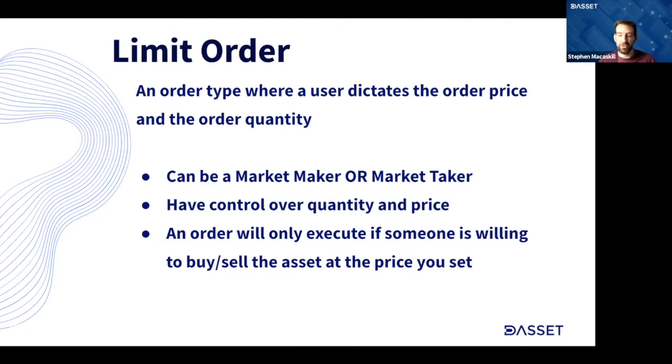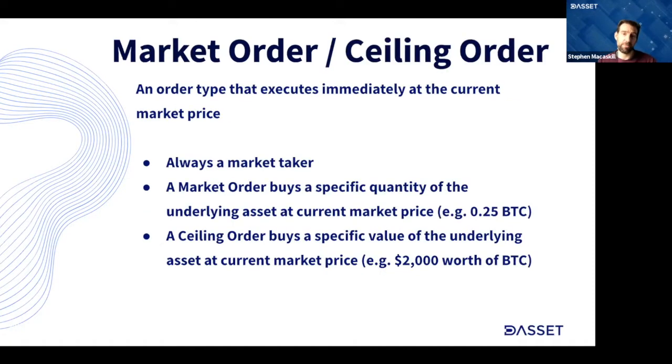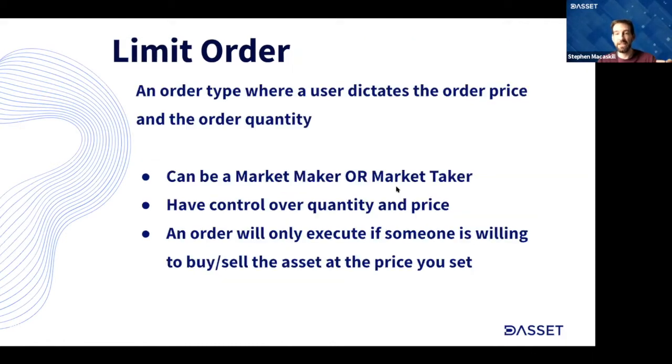Now, with market orders, something I didn't mention is that you're always a market taker, so you're always taking liquidity from the order book. Whereas with a limit order, you could be adding liquidity or you could be taking it.